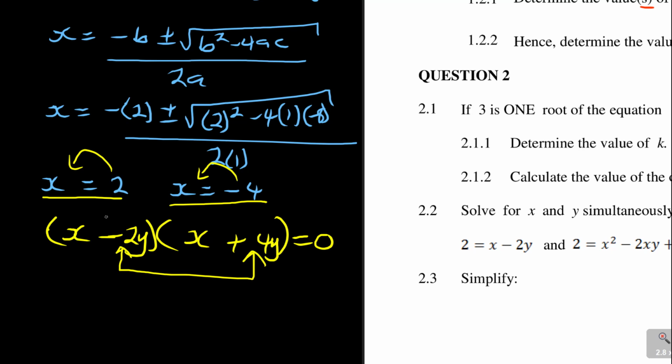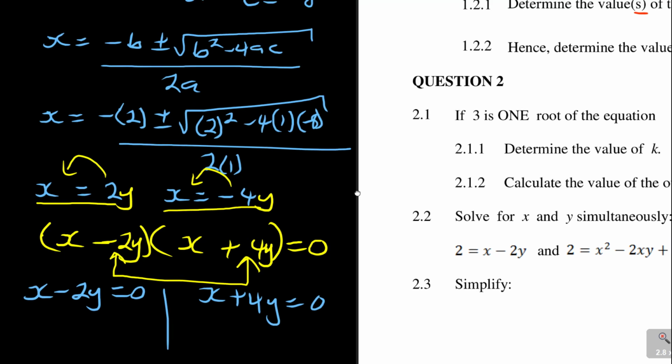So you have seen that the y was supposed to be here. That's the way. So x is equal to 2y, x is equal to minus 4y. So here I will then continue to say x minus 2y is equal to 0. You see the factorization, and x plus 4y is equal to 0.